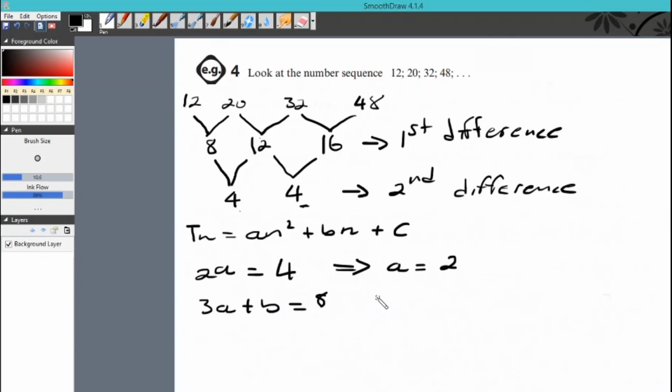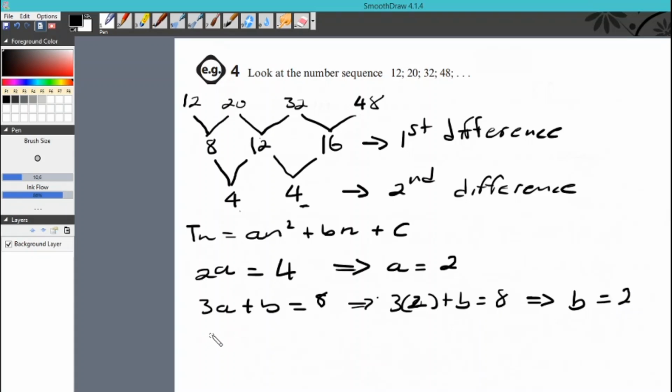So 3a, and then substitute a, which is 2, plus b is equal to 8. So b is equal to 8 minus 6, so b is 2 as well.